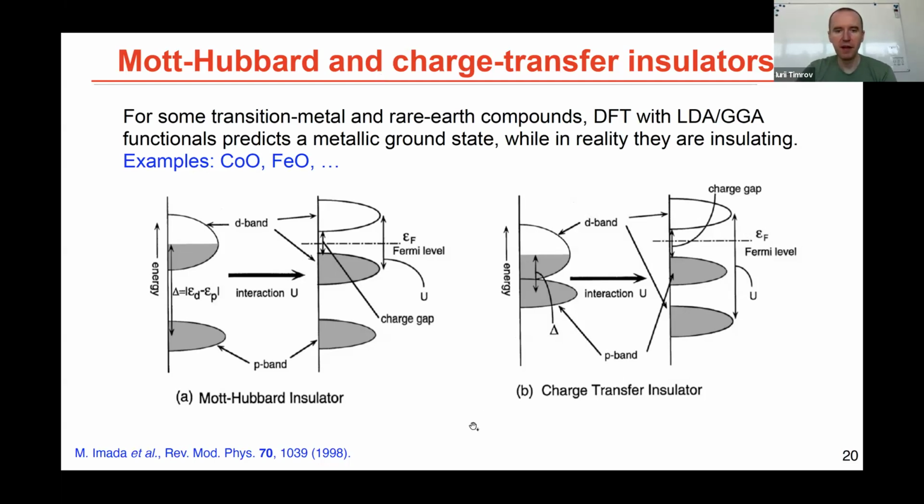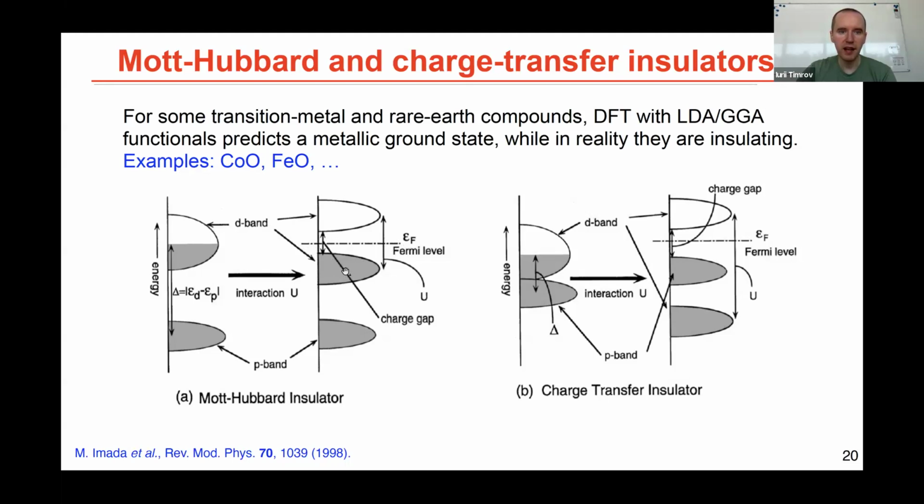Another question is, what is the main difference between Mott-Hubbard and charge transfer insulators? The difference is what is the top of the valence band and the bottom of the conduction band. The Fermi level is between occupied and empty states.